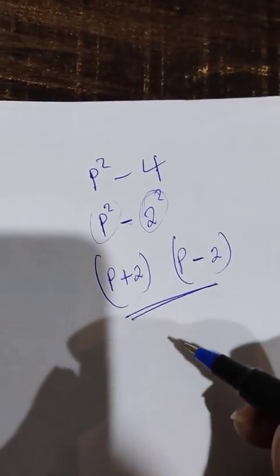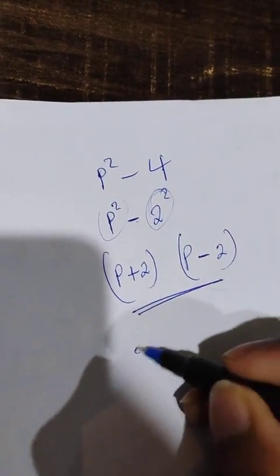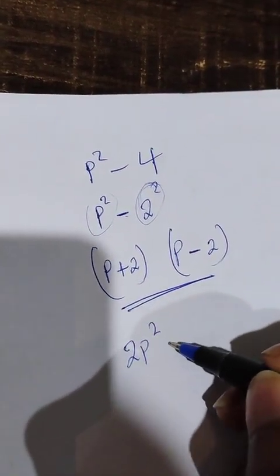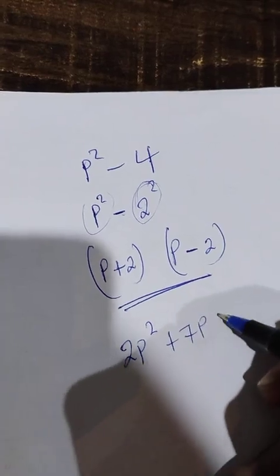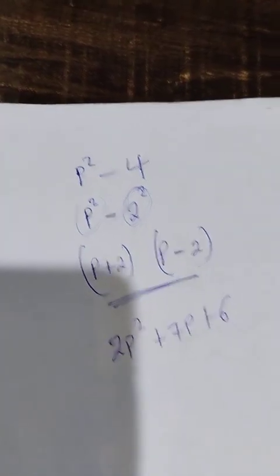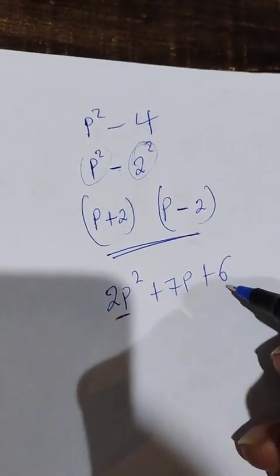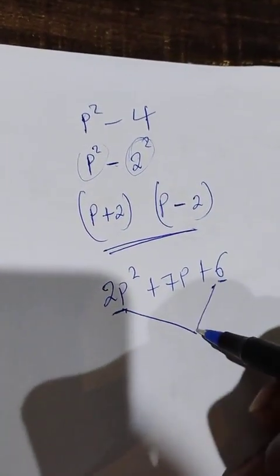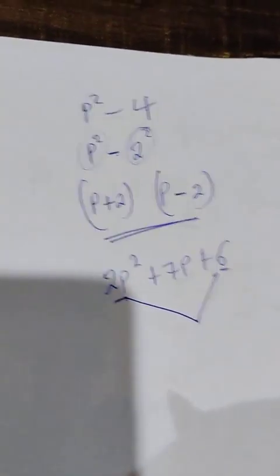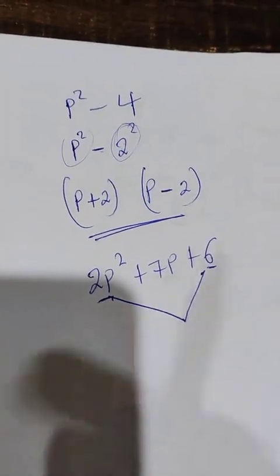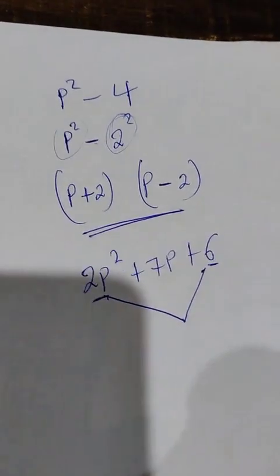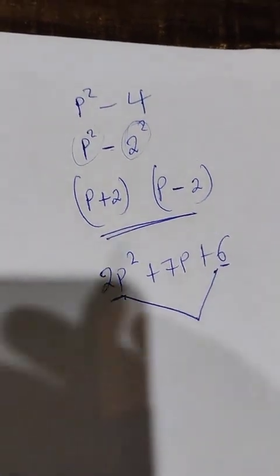Then the next one, it's a quadratic expression. 2p squared plus 7p plus 6. This is a quadratic expression. To factorize, you multiply the first and the last, right? This is my second time to repeat this. So I repeated it in so many questions, so it must make sense to you guys.